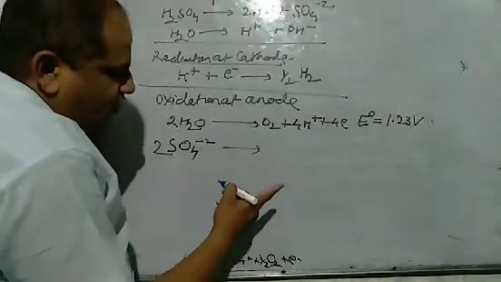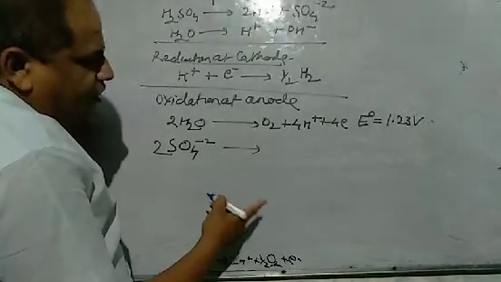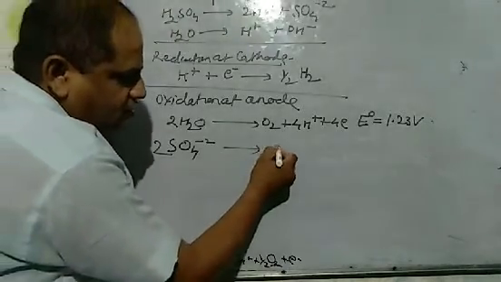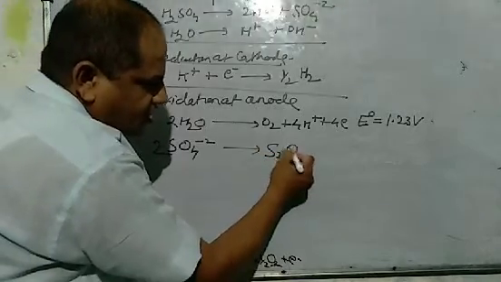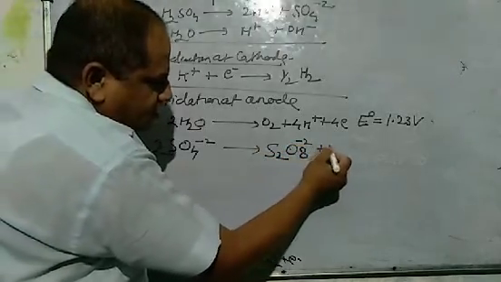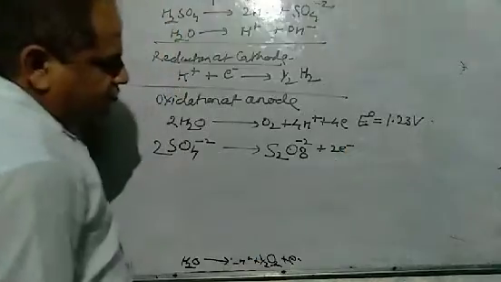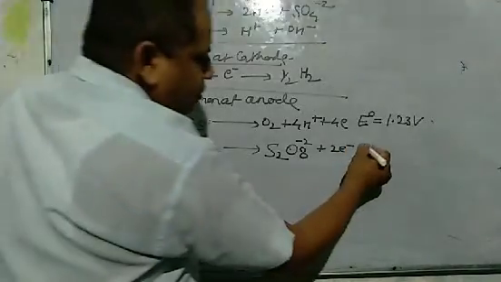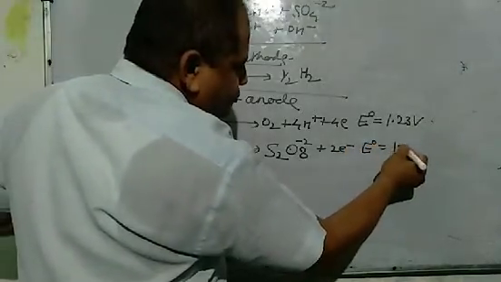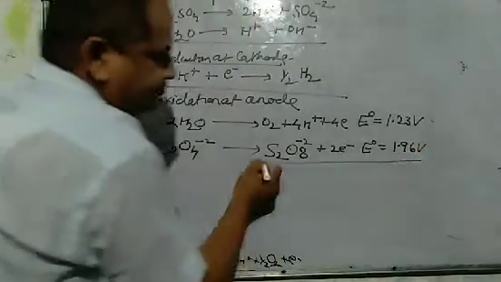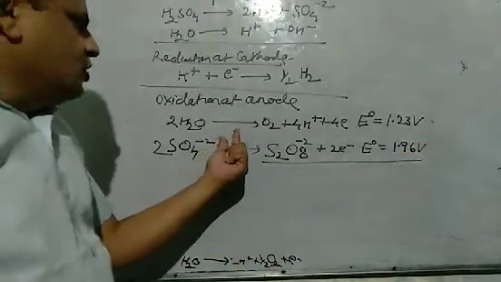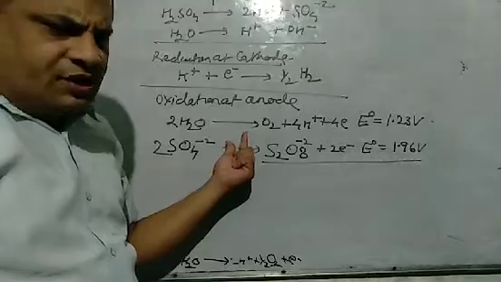These ions move toward the anode and get oxidized into persulfate ions by losing 2 electrons. So here the standard electrode potential is 1.96 volt. Two types of oxidation reactions are possible at the anode.